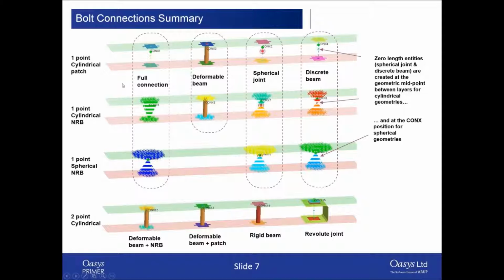If we look along the top row here, we have 1-point cylindrical patches. These are the types where we create rigid patches of shells and connect them together via constrained rigid bodies.